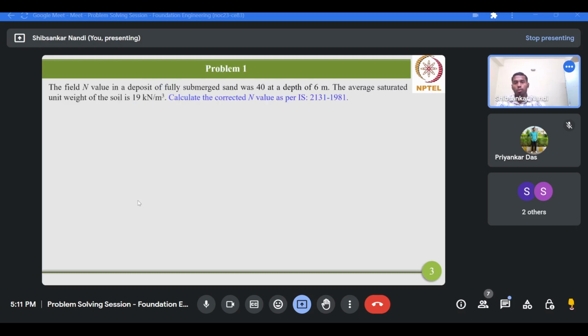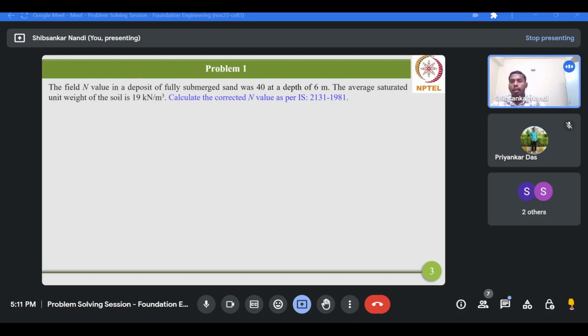Okay, so first we'll start today's session with this problem, and this problem is related to the correction of field SPT N value as per IS 2131-1981. So let me read the problem statement first.